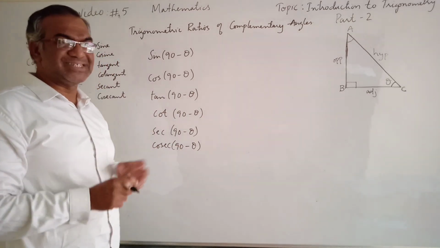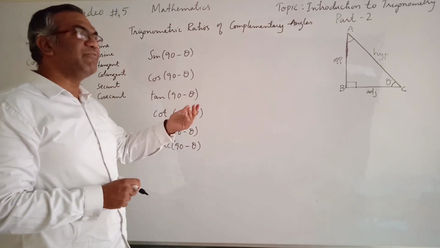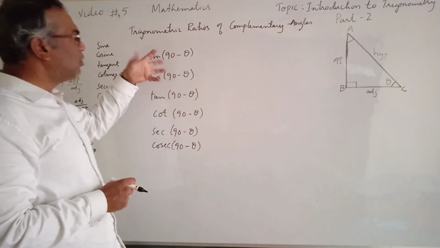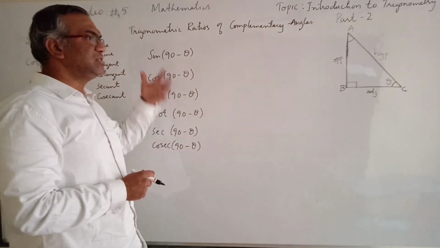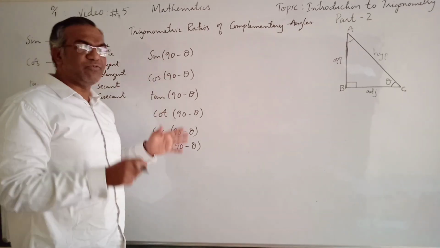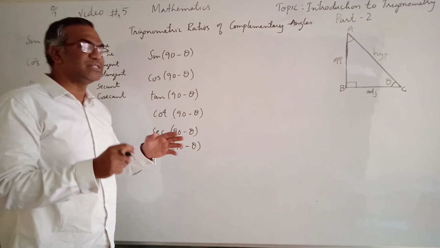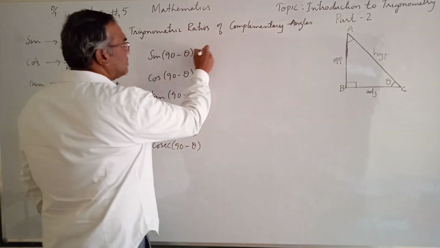Grade 10 students will have only this. Grade 11 and 12 have more, like 180 minus theta, 270 minus theta, 360 plus theta, 270 plus theta. But for SSLC students, grade 10, this is enough.